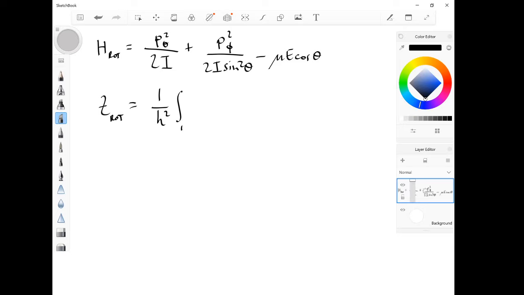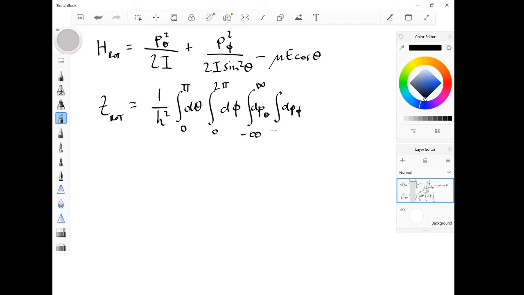We have our configuration variables, which is our angles, and we have our momenta as well, which can take on any value that it wants, and then our Boltzmann factor.